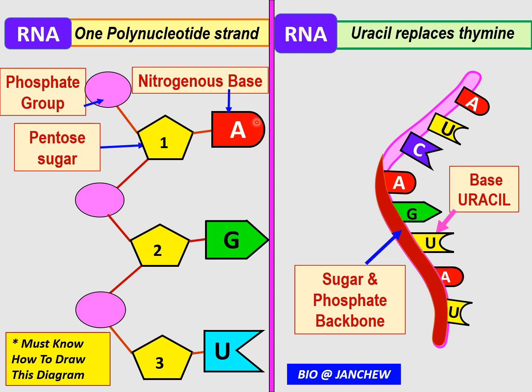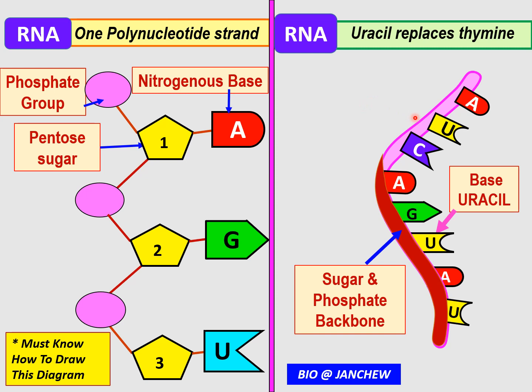So the first nucleotide here, consisting of the pentose sugar, phosphate group and nitrogenous base, is linked to the next nucleotide and then to the next one, where the pentose sugar of the first nucleotide will bond with the phosphate group of the second nucleotide, and the pentose sugar of the second nucleotide bonds to the phosphate group of the third nucleotide, and so forth, as we have explained for DNA.